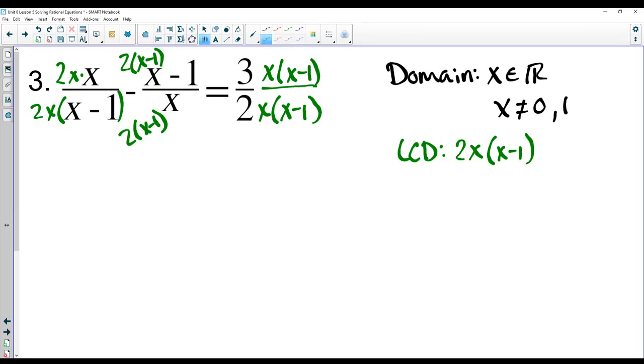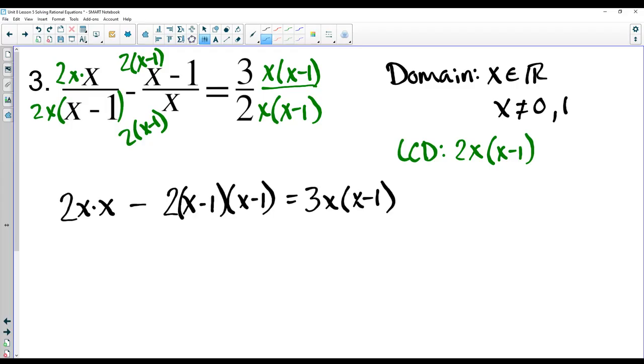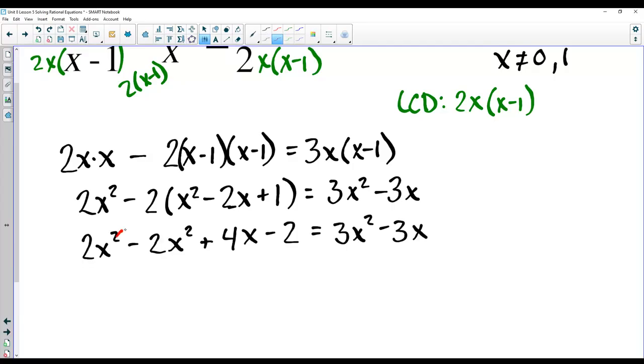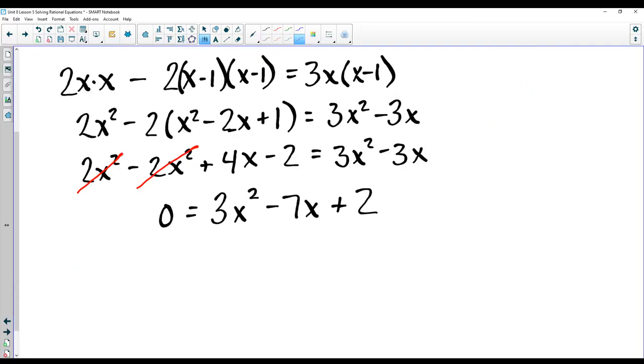So now that all the denominators are taken care of, our focus is on the numerators. And now we work on simplifying as much as we can. So it looks like we still do have a quadratic, so getting it equal to 0 is our best option. So now we have to work on factoring this.